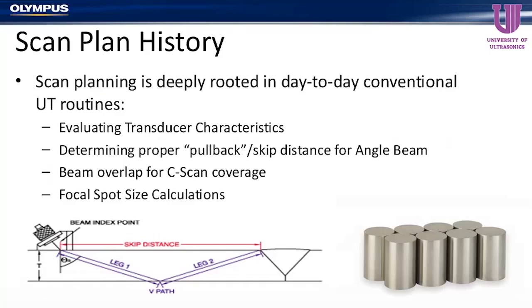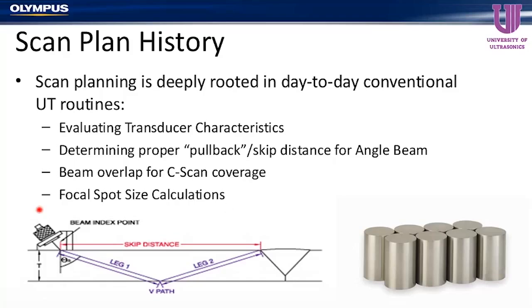But really, scan plan comes from what we do on a day-to-day basis in any ultrasonic examination. Anything that has to deal with how you implement a UT test, down to transducer selection, down to evaluating sensitivity or resolution characteristics. Or probably the best example I have and typically use is determining your skip distance for an angle beam examination.